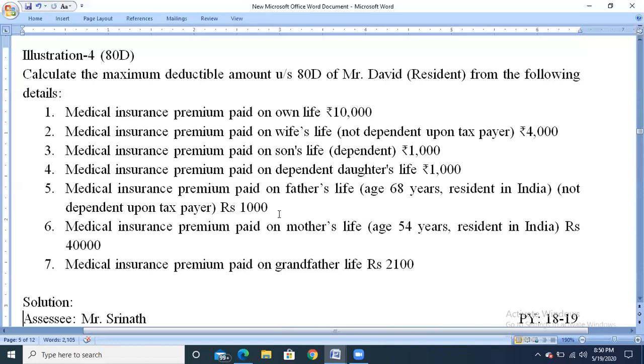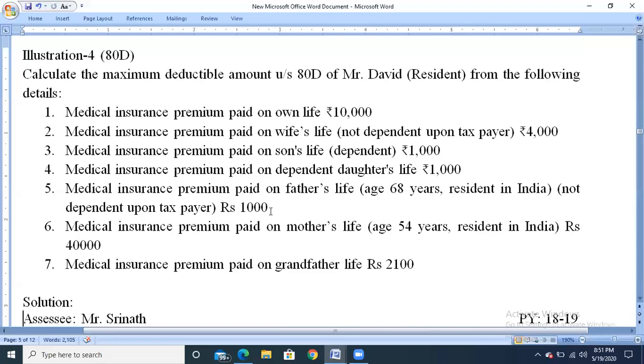So first, we need to check whether any of the parents is more than 60 years, a senior citizen. In such a case, up to rupees 50,000 we can claim the exemption. It means we need to total the medical insurance premium paid for the parents, that is father and mother, and if any of the parents is more than 60 years or a senior citizen, that amount has to be compared with the maximum limit of 50,000, and whichever is less has to be claimed as deduction.